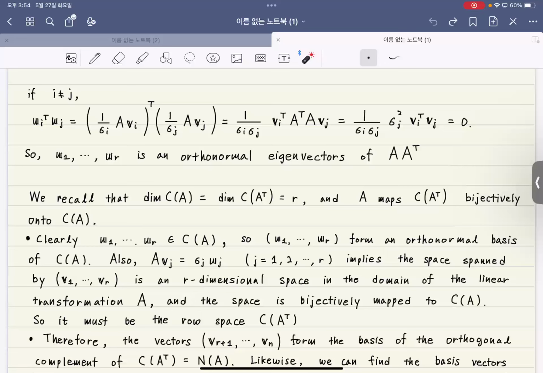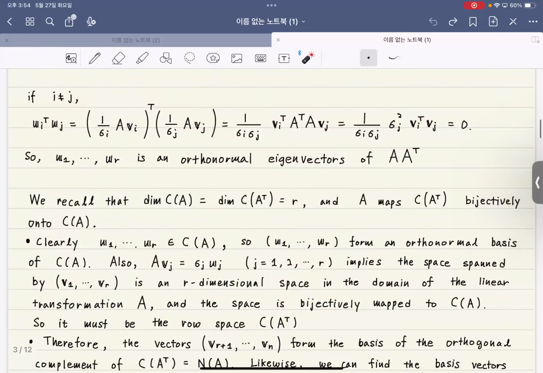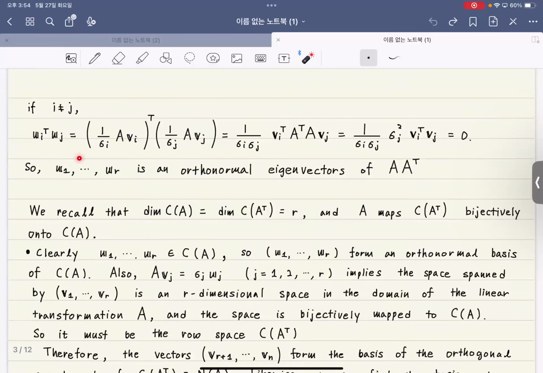Okay, so this is very easy. Now we want to take a look at these vectors. We have obtained R linearly independent vectors that live in the m-dimensional Euclidean space, and I claim that these vectors are in the column space of A.